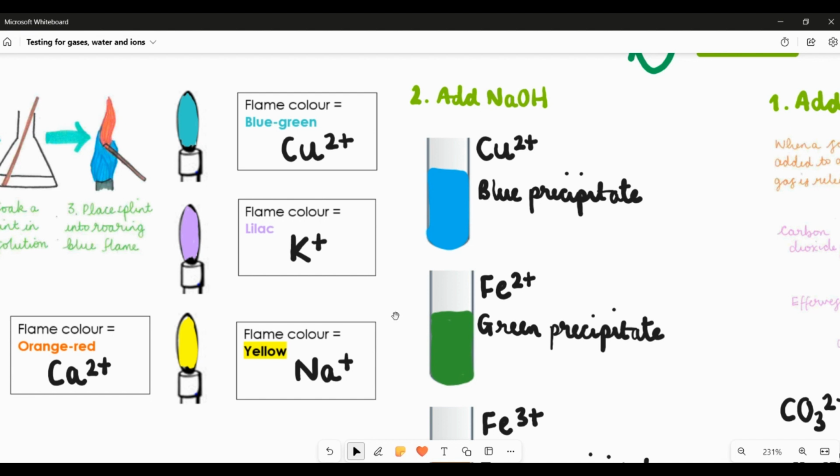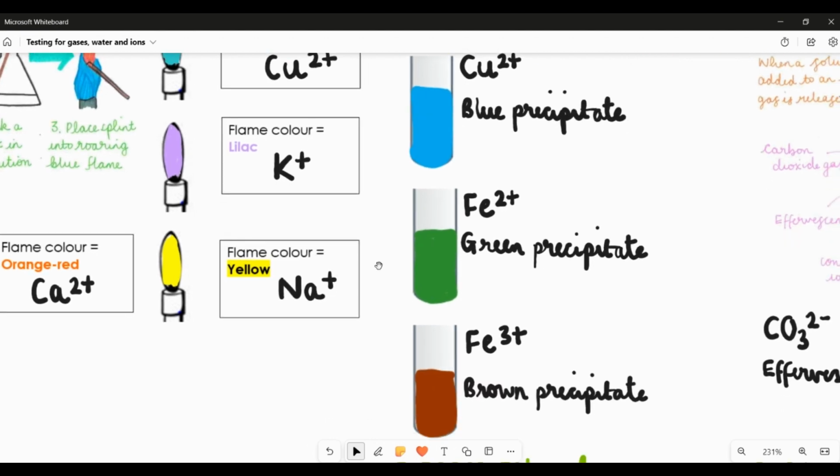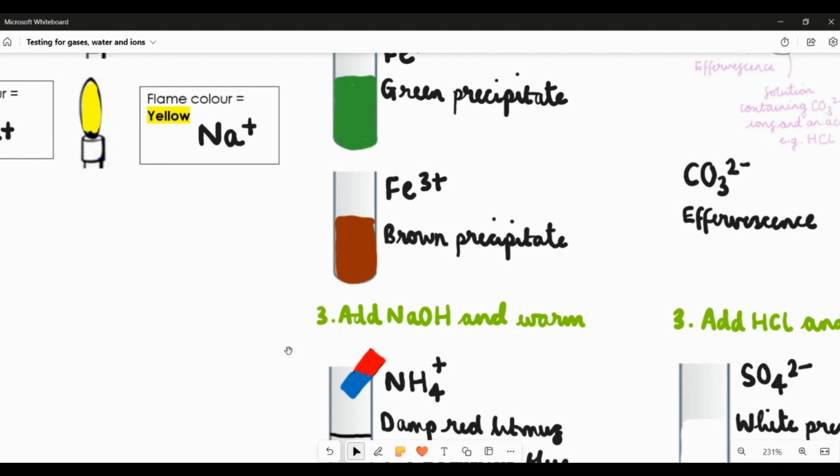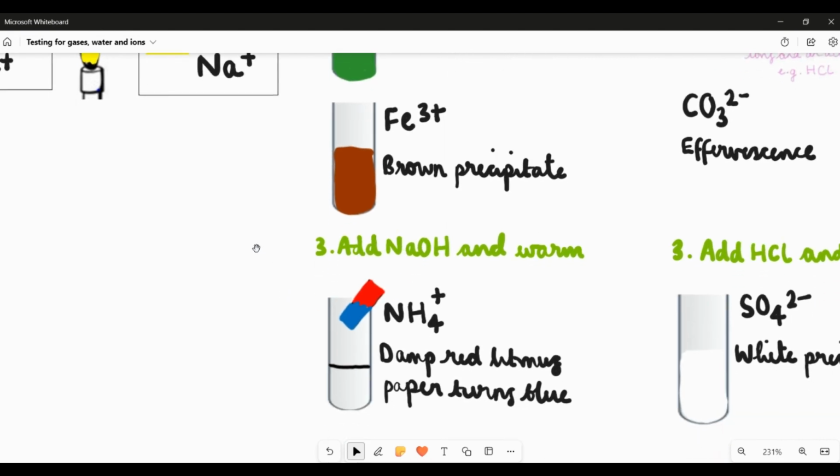If we still don't see a recognisable observation, there is a 3rd test we can do. Once we've added the sodium hydroxide, if we have not seen the formation of a precipitate, we can warm the test tube in a hot water bath and place a piece of damp red litmus paper into the mouth of the test tube. If we then see that damp red litmus paper turning blue, that tells us, as discussed earlier in the video, that we have made ammonia gas.